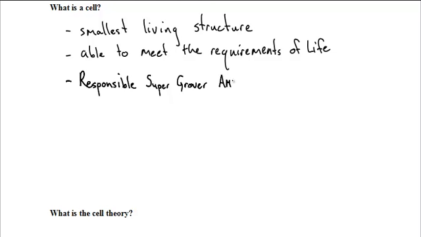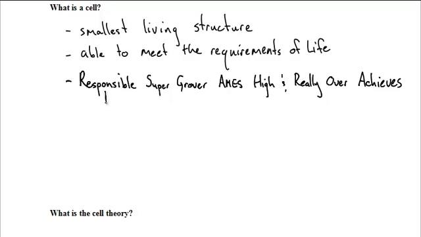Aims high and really overachieves. So cells are the smallest thing capable of meeting all of these requirements.